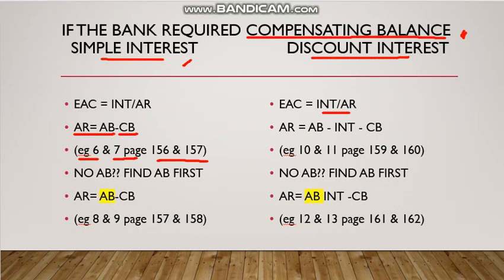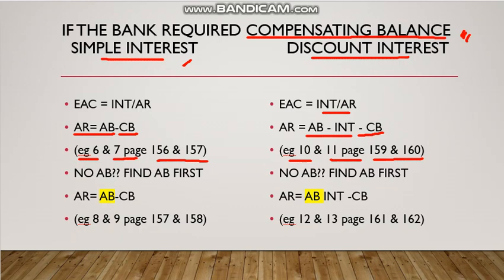The previous formula is AR equals AB minus interest. But now if we have the CB again, we have to minus the CB. This refers to example 10 and example 11 on pages 159 and 160.